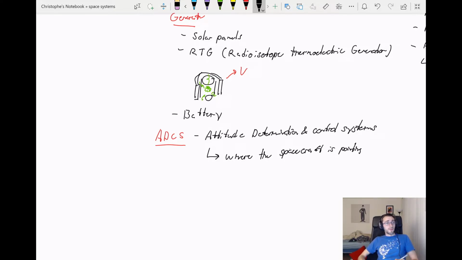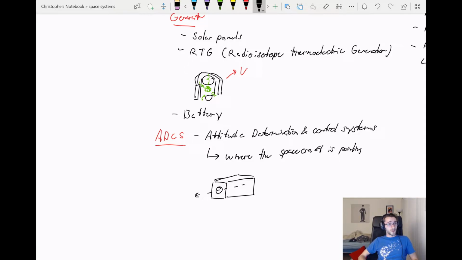Now, why might it be important to know where you're pointing and to control that? Well, this comes into play with a lot of different systems, especially communications and visual systems. Let's say you've got a camera and imaging satellite. You've defined your attitude to be along the axis of your camera. So that's your attitude. You want to be able to look at things with your camera.